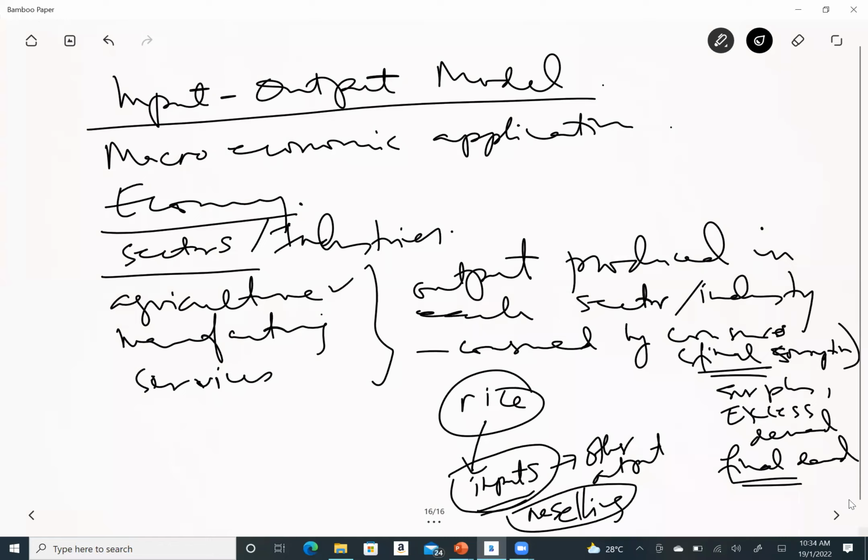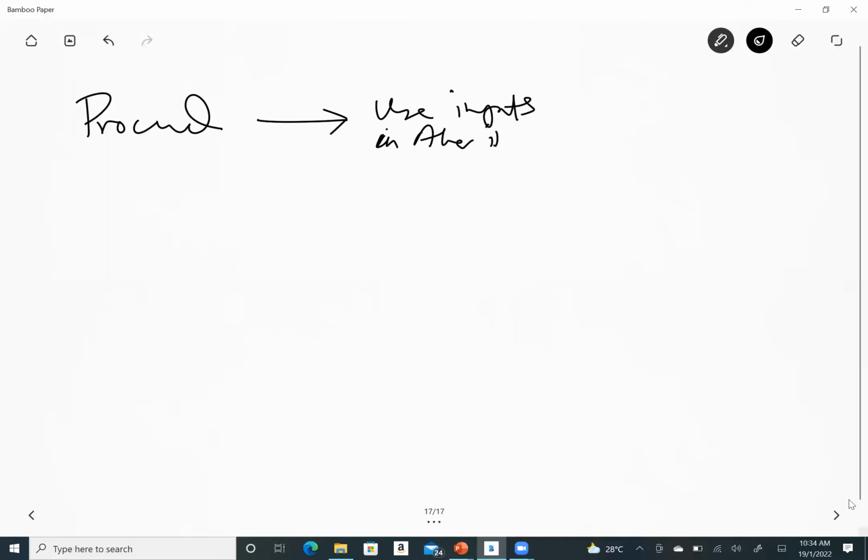So we can say that the amount produced by one industry, where does it go to? It will be used as inputs in other sectors or industries, including itself, plus the final demand or surplus.